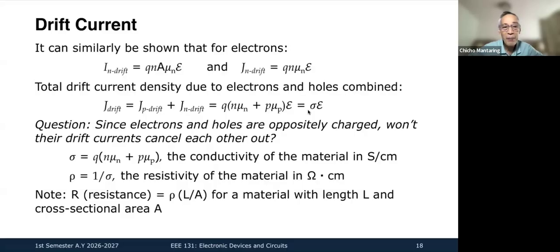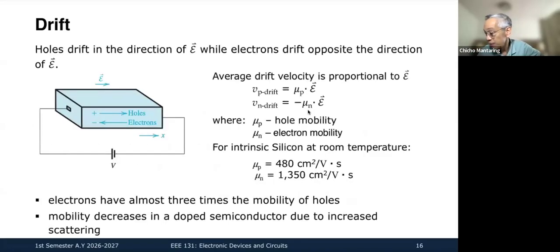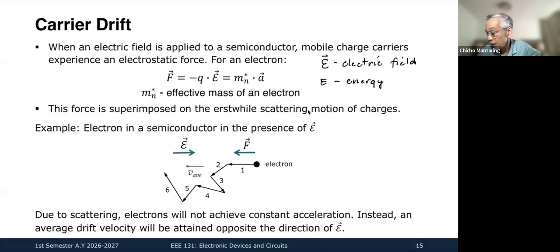Parang based on what they observe for a certain semiconductor, they can come up with a number that will relate force with acceleration. It's an experimental value. This is derived experimentally.